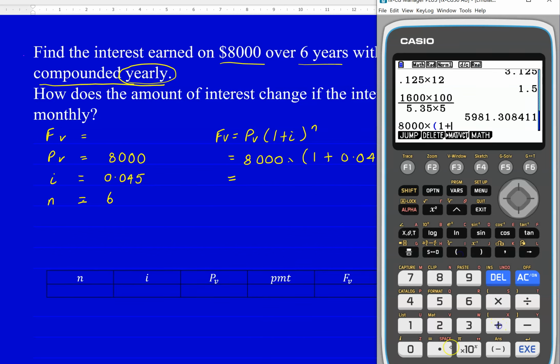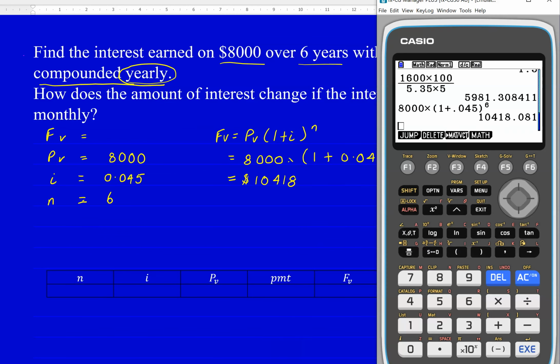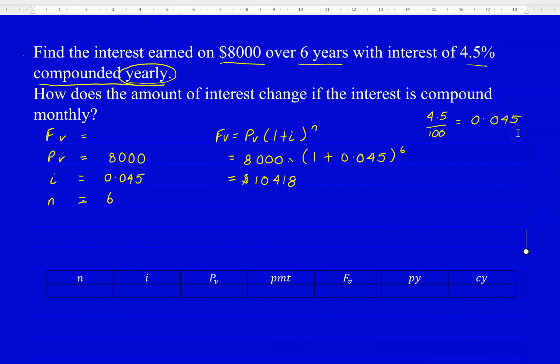Bracket 1 plus 0.045, to the 6. So, $10,418 and how many cents? 08. And let's just double check, have we finished?